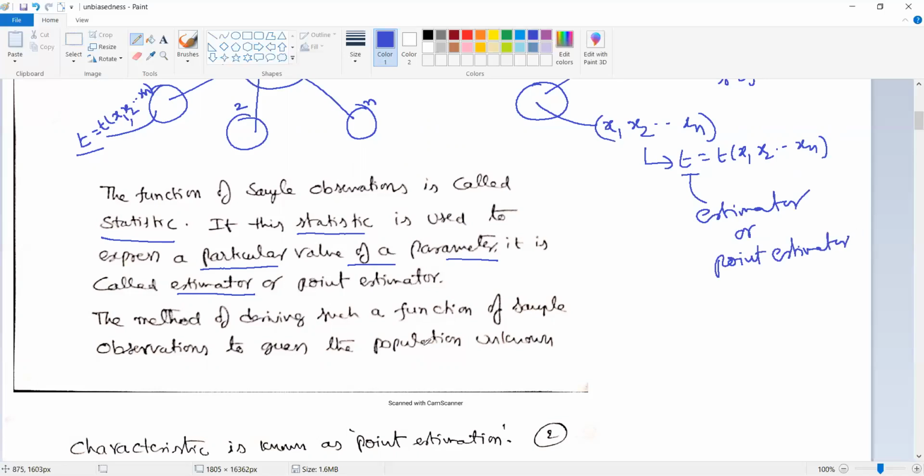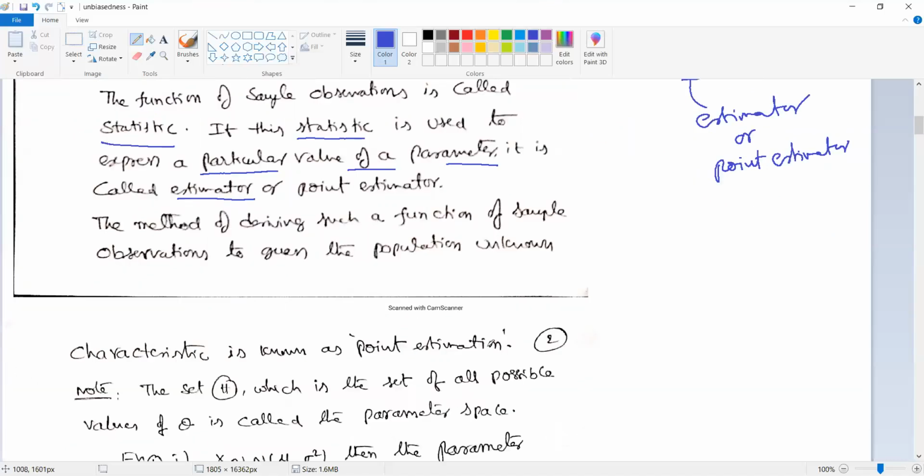The method of deriving such a function of sample observations to guess the unknown population characteristics is known as point estimation. This is the definition of point estimation.